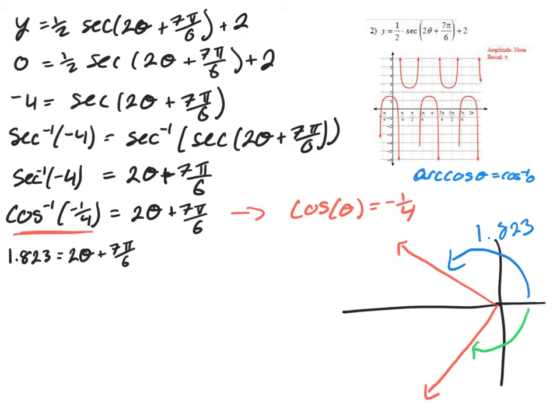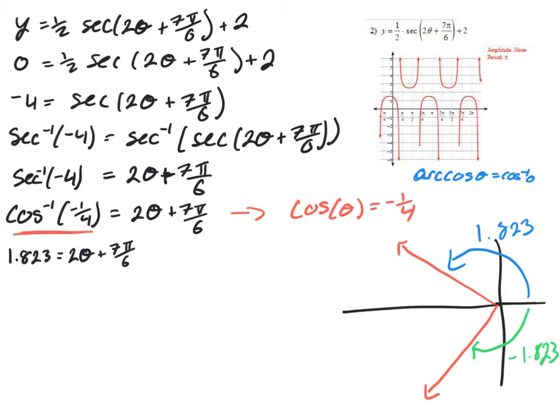So if I went counterclockwise, 1.823, if I go clockwise, I would be going -1.82. And that is what we are going to use for our second inverse cosine of -1/4 value.